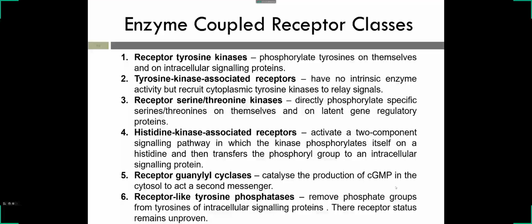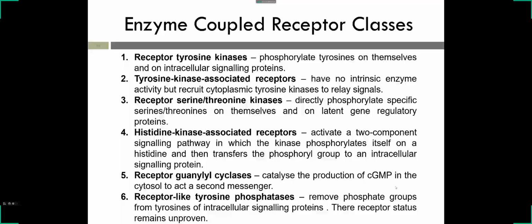The receptor tyrosine kinases phosphorylate tyrosines on themselves and then the other targets, whereas the tyrosine kinase associated receptors have no intrinsic enzyme activity, but their role is to recruit kinases that then phosphorylate and relay the signals. Then you have receptor serine threonine kinases, which do directly phosphorylate specific serines or threonines on themselves.